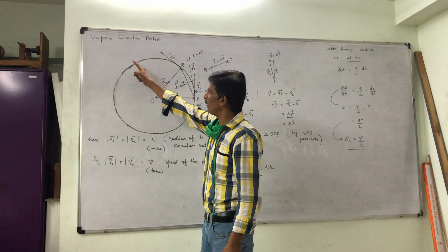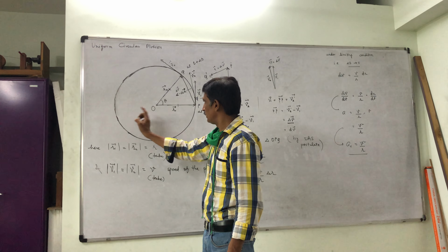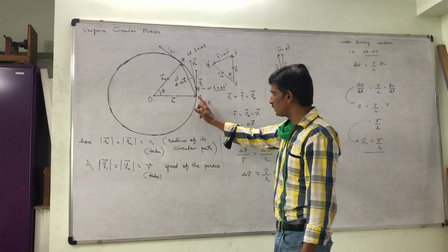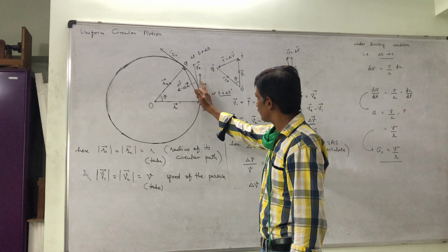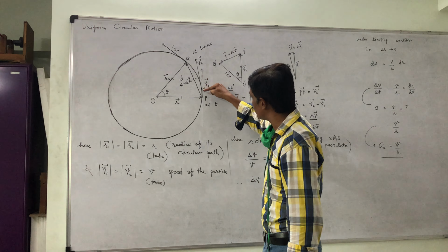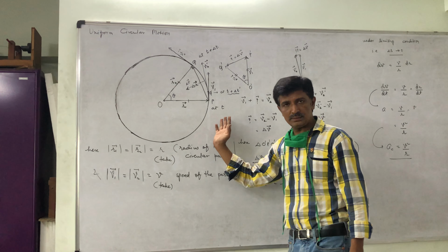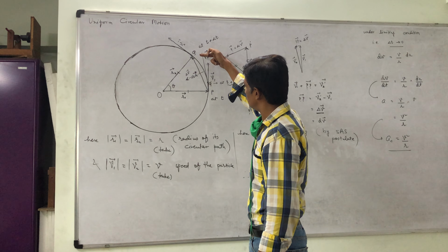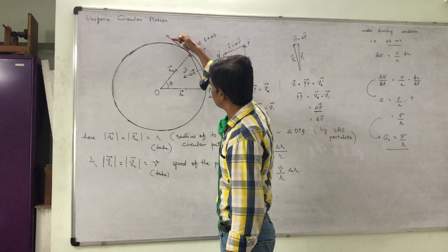The particle is performing uniform circular motion on this circular path of radius r. At a certain instant it is here, so the velocity is in the direction of the tangent. This one is the velocity, say v1. After a short while, it reaches point Q, but at that moment the velocity is in this direction.